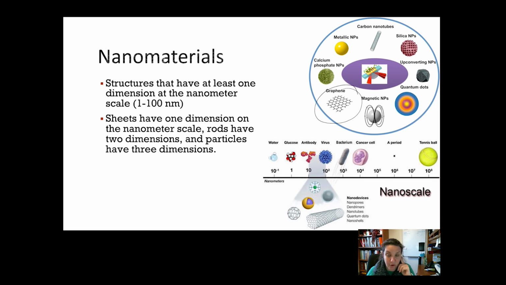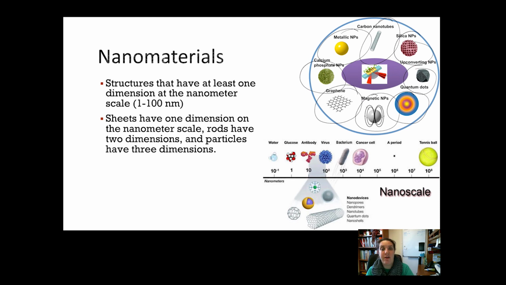We have rods, where we have 2 dimensions in the nanometer scale, basically the height and width of the tube, and then the length of the tube would not be on the nanometer scale. And then lastly, we have particles, which have all 3 dimensions on the nanometer scale.